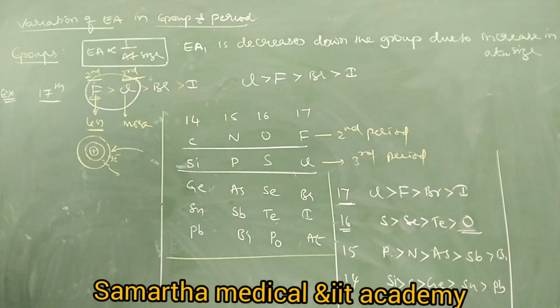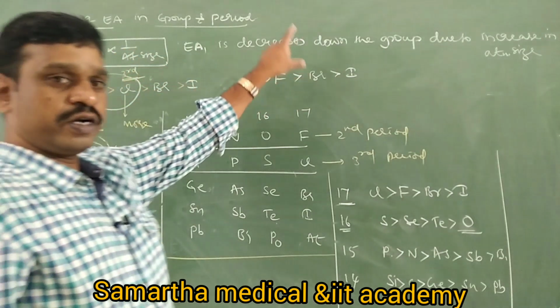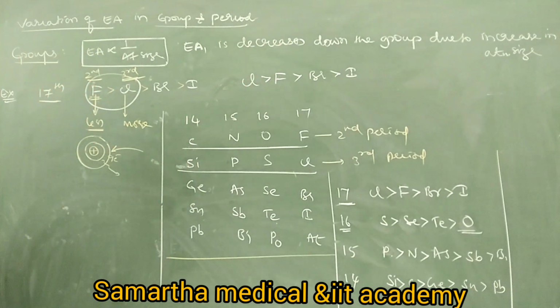Okay, write down one point. You have written this: electron gain enthalpy decreases down the group. Okay, next point: the electron gain enthalpy of a third period element is always greater than the electron gain enthalpy of a second period element.